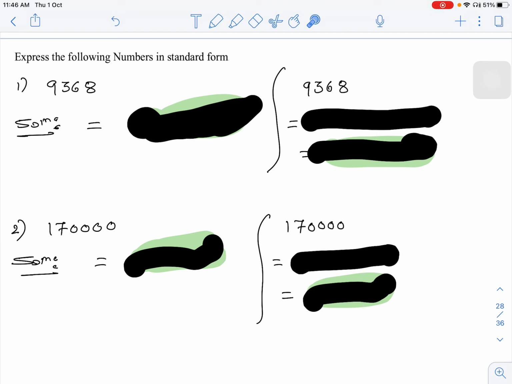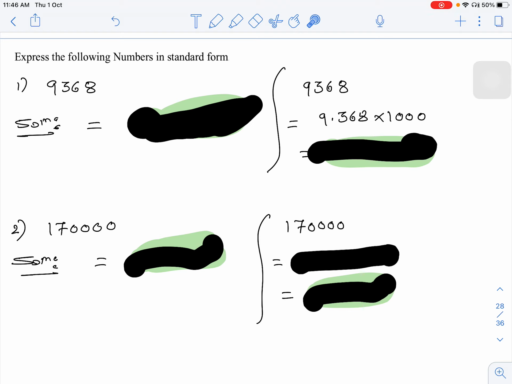We have learned that when we bring the decimal to the left, there is some change in this number. What change is seen? If the decimal is moving to the left, then we have to write it multiplied by 1 followed by as many zeros as the digits we are moving to the left.